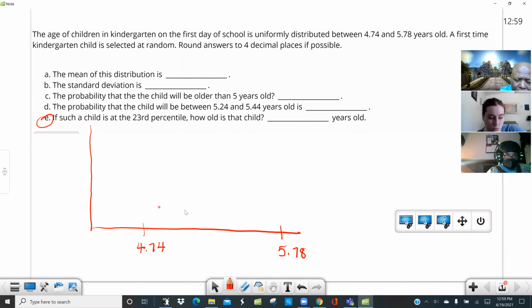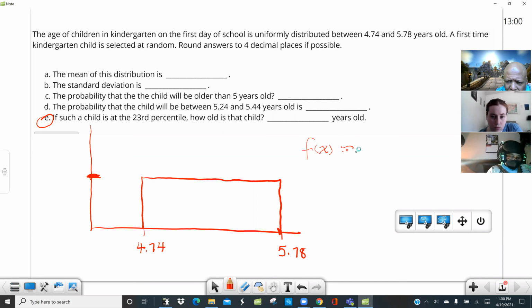And anytime you hear the word uniform, remember there's a rectangle which represents the situation, where the height of that rectangle is what we call the f of x, or the function value. So the height is always going to be 1 over b minus a.